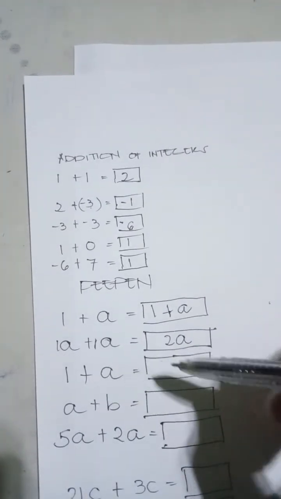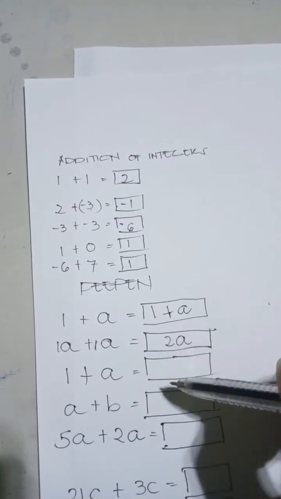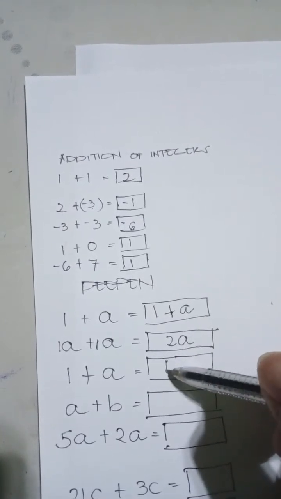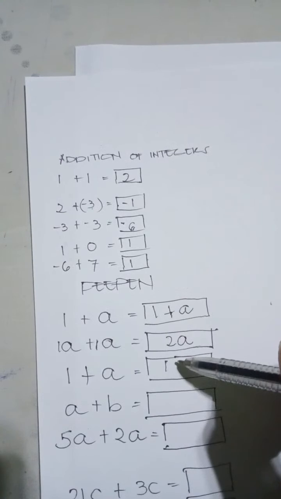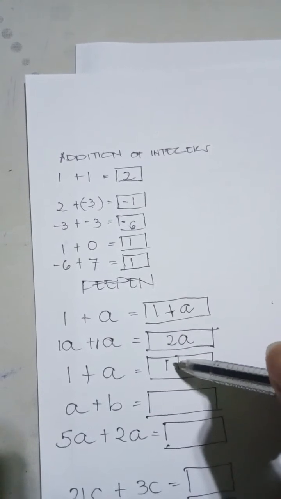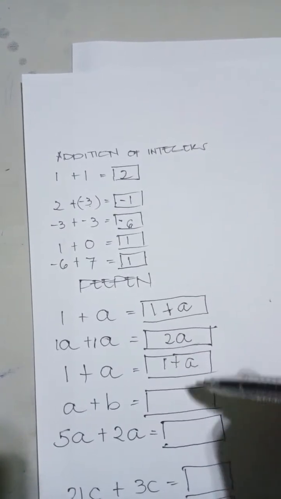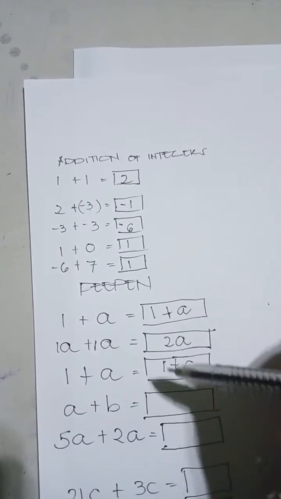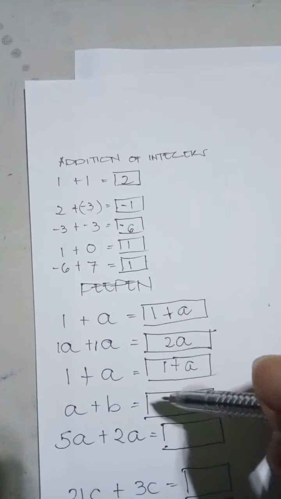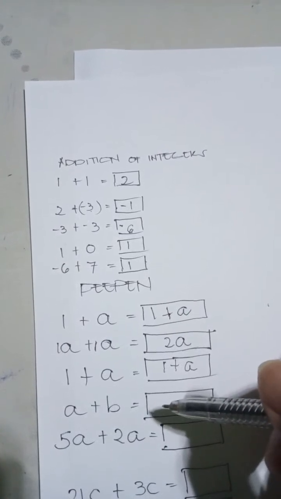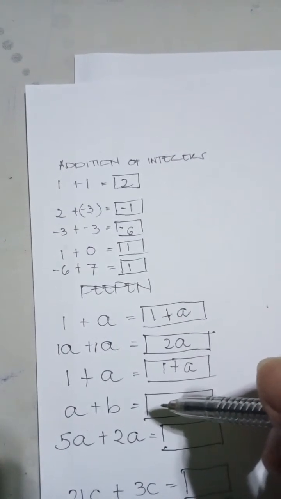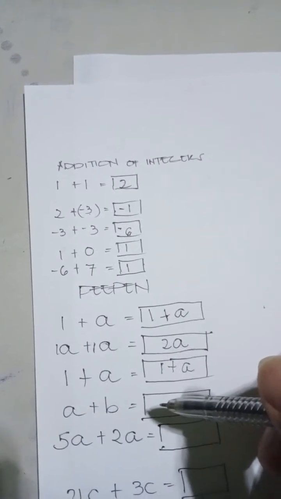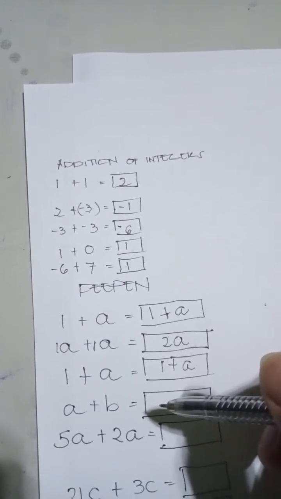What about the other? This 1 plus a is the same as the problem above. You cannot add, but the answer is the problem 1 plus a. Here in this case, a plus b, though they are letters, they are different. The other one is a, the other one is b.